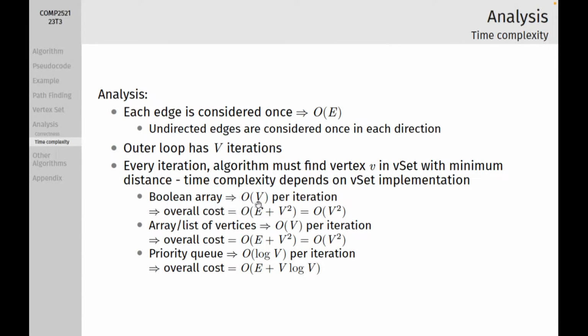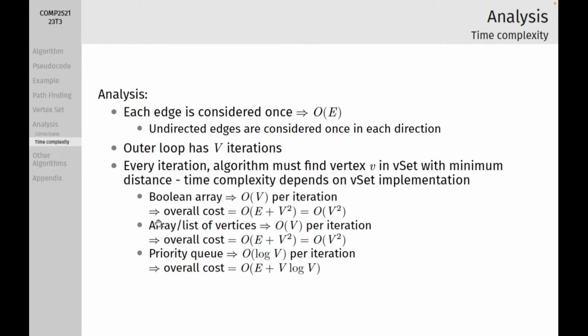If you use a Boolean array, it's going to cost O of V per iteration, so the overall cost is O of E plus V squared, which simplifies to O of V squared, because V squared is definitely greater than or equal to E.